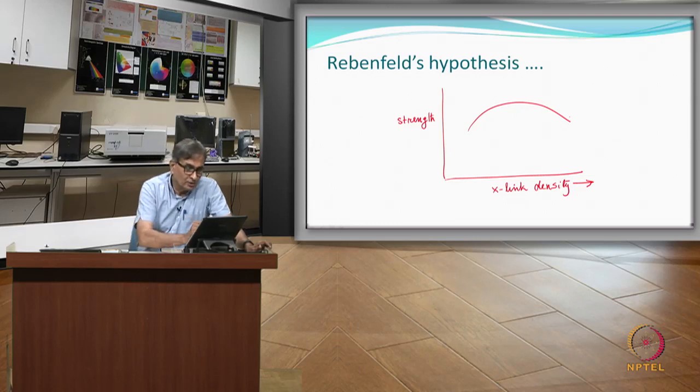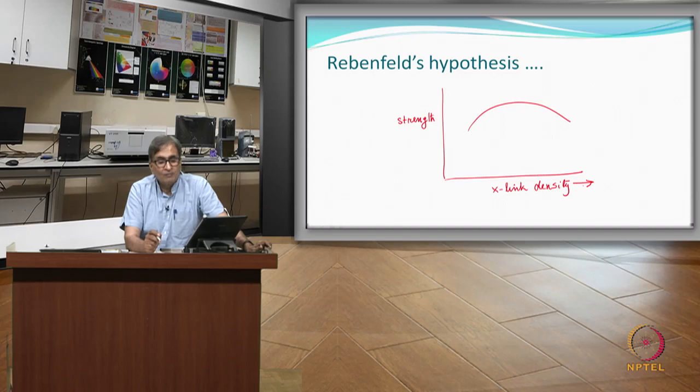That is, initially when you increase the crosslink density, the strength increases, but beyond a certain value it may start decreasing.